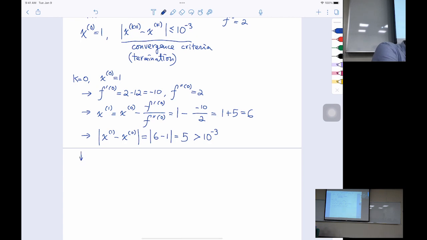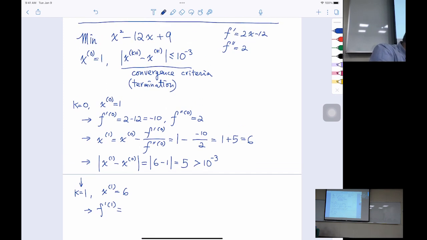So I move on to k equals 1. And then my x_k, which is x1, now is 6. I need to do it again at 6. F prime at x1 equals 2 times 6 minus 12, which is 0. I know f double prime is 2.